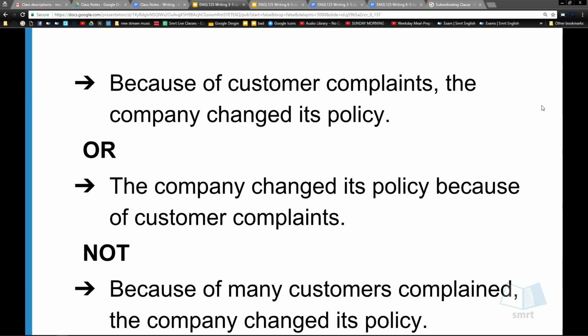It has a subject and verb. With because of, as a result of, or due to, you cannot have a clause. You must have a noun phrase. In the first one, our noun phrase is customer complaints. And then the independent clause is the company changed its policy. And you can reverse those.